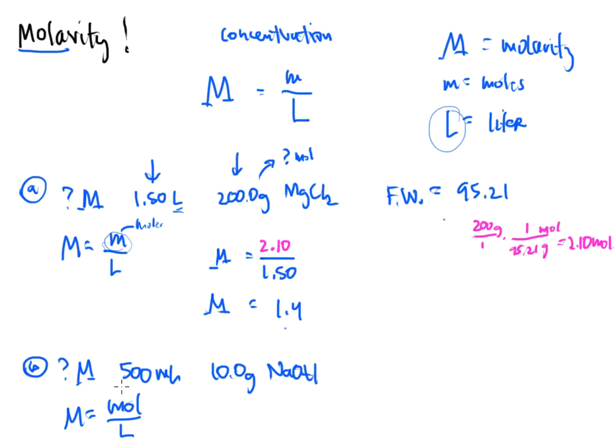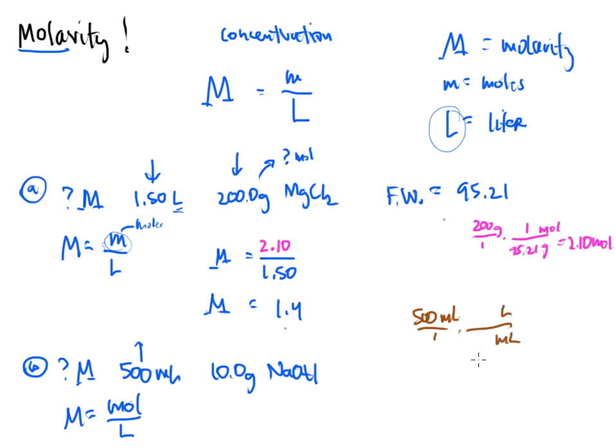So 500 milliliters. Well, I can't put that at the bottom. 500 mils, that's great and all. Yeah, we're going to be using that in the lab. We got a 500 mil volumetric flask. But this equation requires liter. So I need to be able to convert that to a liter. Well, just in case you need help with that, over here to the side, 500 mils over 1, mil on top, mil on the bottom.